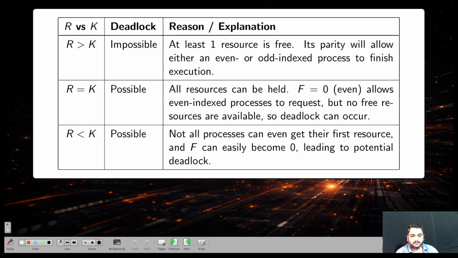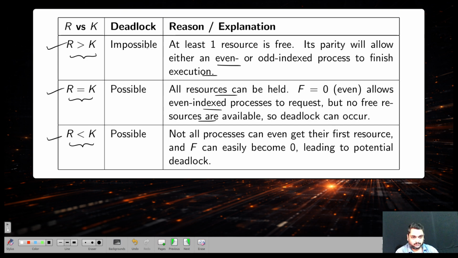For this example, I have given it here. There are 3 possibilities for any deadlock resource allocation problem, and you have to check these 3. What if the resources are greater than the number of processes? What if they are equal? What if they are fewer? Then, according to that problem, this is not universal, meaning it will not apply to every problem.